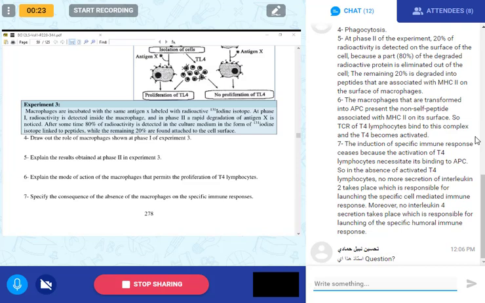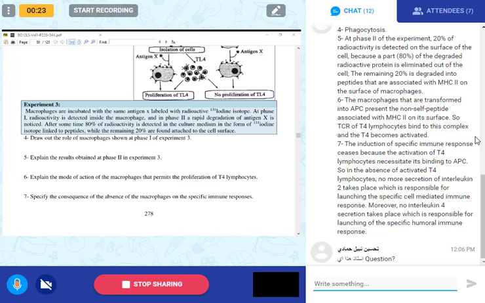So in the absence of activated T4 lymphocytes, no more secretion of interleukin 2 takes place, responsible for launching specific cell-mediated immune response. Moreover, no interleukin 4 secretion takes place, which is responsible for launching specific humoral immune response. That's it.